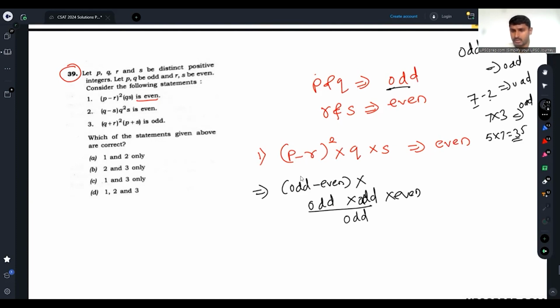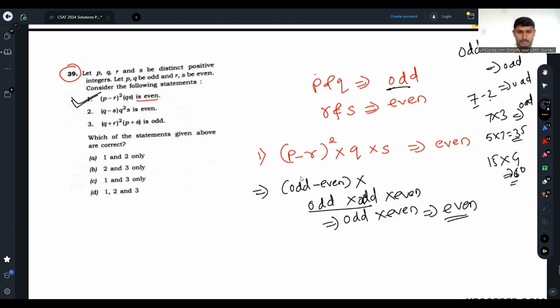Odd into odd, it will always give me odd, into if I just multiply by even. If you just multiply any odd number by even, 15 into 4, it will give me 60, because an even number consists of 2 as a multiplication factor. So 15 into 4 will give me 60. So odd into even will always be even. So statement 1 is correct.